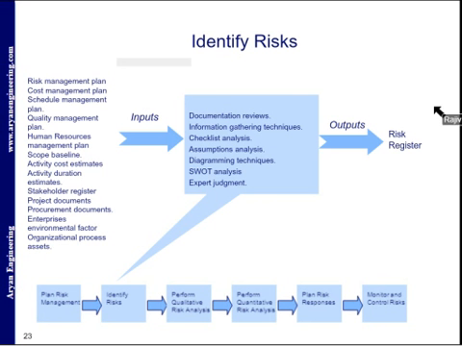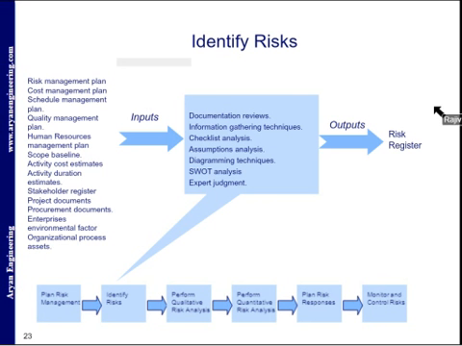This is the process of determining which risks may affect the project and documenting their characteristics. So in this risk identification we are using brainstorming, Delphi technique, which is successive anonymous questions on the project risk with responses summarized for further analysis, interviews, root cause identification, and strengths, weaknesses, opportunities and threats analysis.